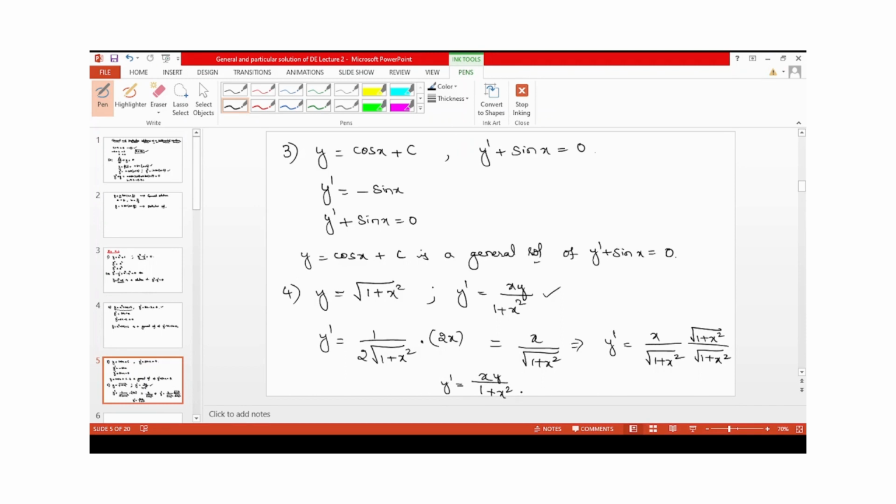So therefore y equal to root 1 plus x square is a particular solution, because here we have a particular constant. It is a particular solution of the given differential equation. So it is clearly observed that both LHS and RHS are equal when we find the derivative, and the LHS part is equal to the RHS part. Hence it is a solution of the differential equation.